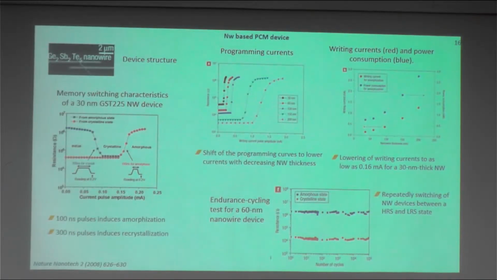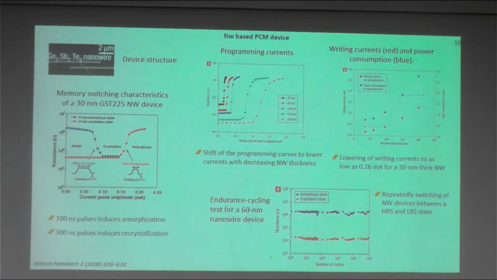So now also some devices based on nanowires were produced, like shown here. This is a nanowire which was integrated to two electrodes, like here, and then some switching characteristics were measured. So here what we can see first is that 100 nanosecond pulses can induce amorphization, and 300 nanosecond pulses can induce recrystallization.